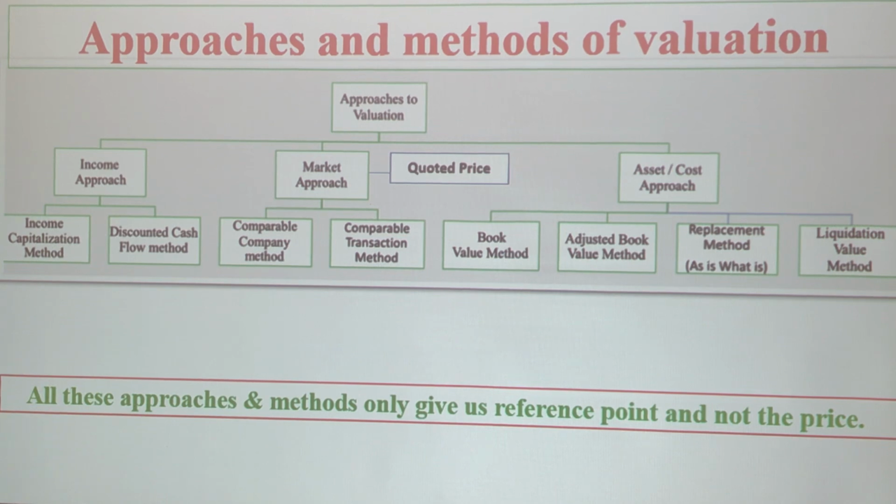Today that land may be worth 20 crore. So when you are doing valuation using the adjusted book value, you will not take the value of the land for the purpose of valuation as 1 crore. You will take the value of that land as 20 crore, that is the current value of that asset, and that's your adjusted book value method.